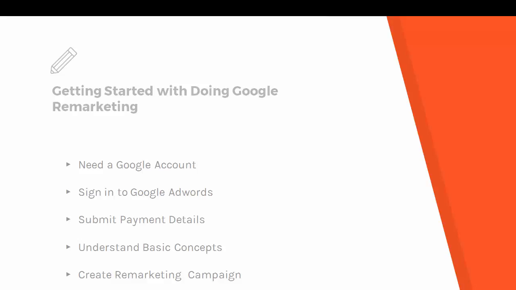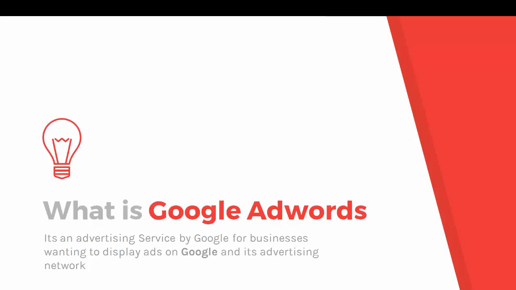But when we go into detail, each step has its nitty-gritties which are important to be learned one after the other. So first of all, the next important thing is to know what is Google AdWords. In simple terms, it is the platform through which millions of advertisers advertise on Google.